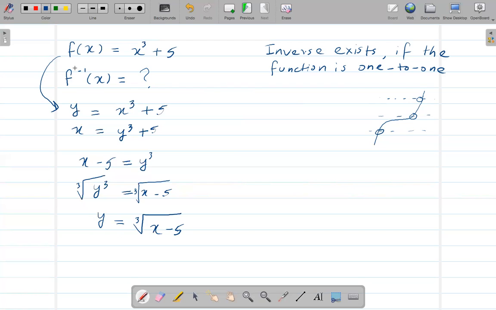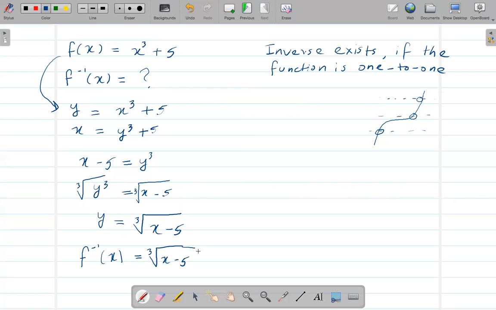Since the way we write the inverse is this way, f inverse of x is equal to the cube root of x minus 5. Okay, so yeah, this is the way we find the inverse if a function is given.